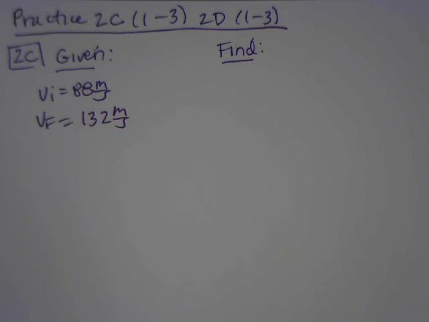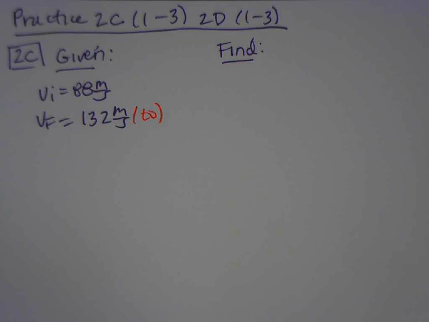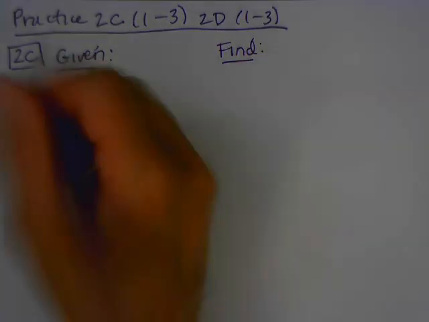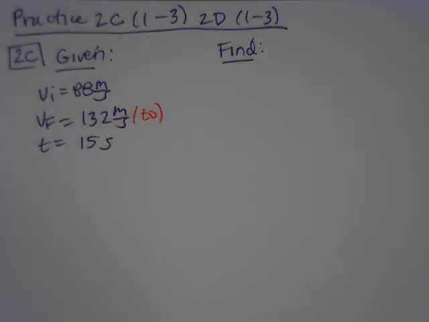Again, the key word here is "to." Over a 15-second interval, what distance in meters does the rocket travel during this time?